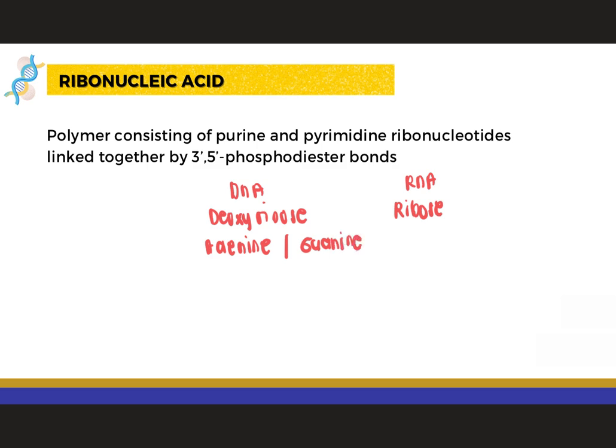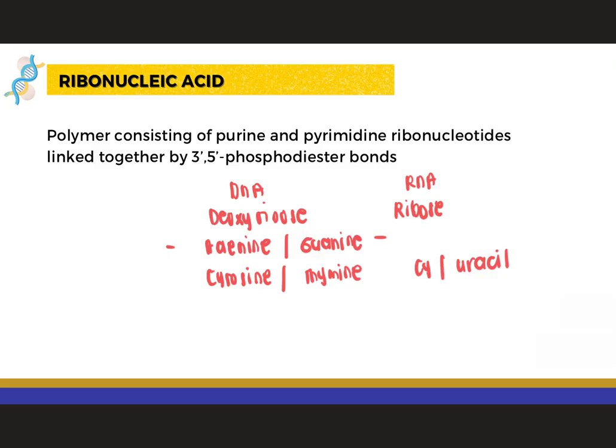Same lang siya with RNA ng purine components: adenine and guanine lang din. With regards to your pyrimidine component naman, in your DNA we have your cytosine and thymine. In your RNA naman, we also have your cytosine, pero wala siyang thymine, but meron siyang uracil.